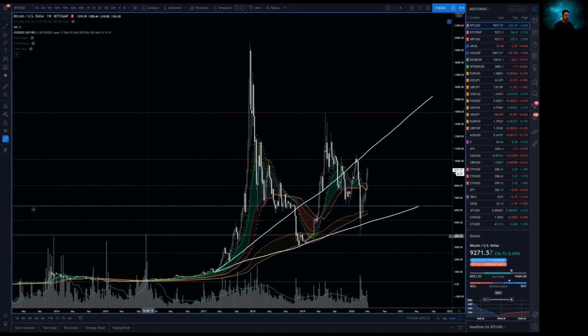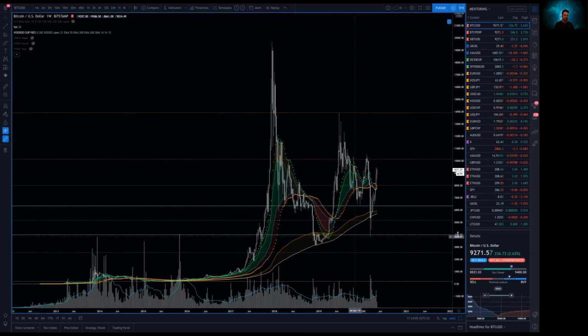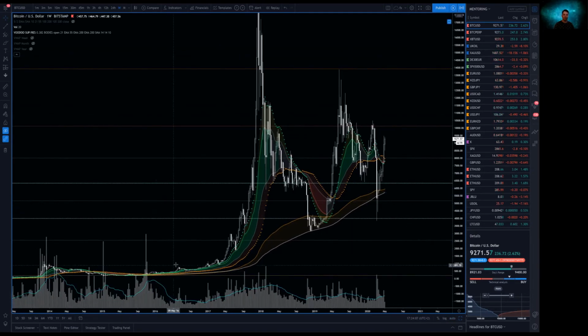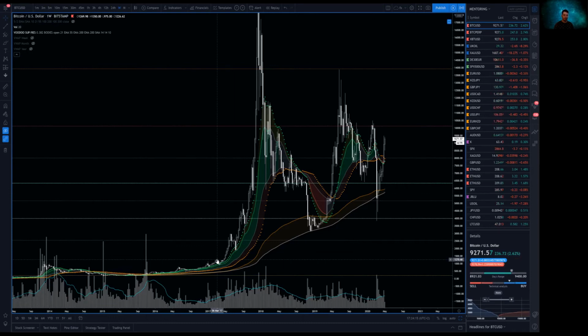So to show you the difference, this is the Bitcoin chart again. If I wanted to analyze the price situation between November 2013 and March 2017, it would be really hard using the linear chart.